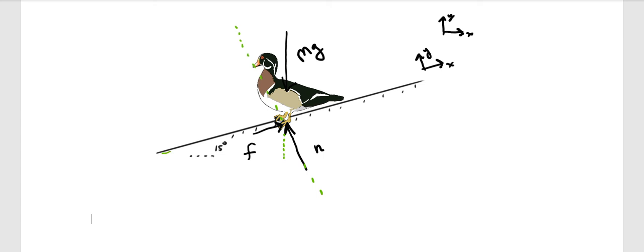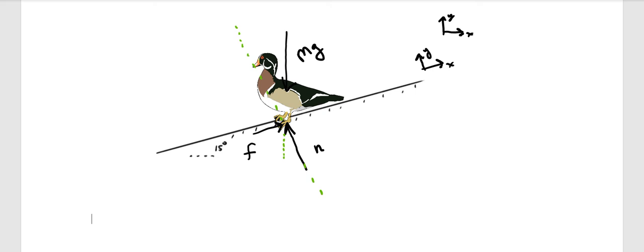If you look at this triangle right here, 15 degrees is the small angle. That makes this one 75, and that makes this one between the normal and the vertical 15. And that makes this one here between the mg and this dashed line 15 degrees.